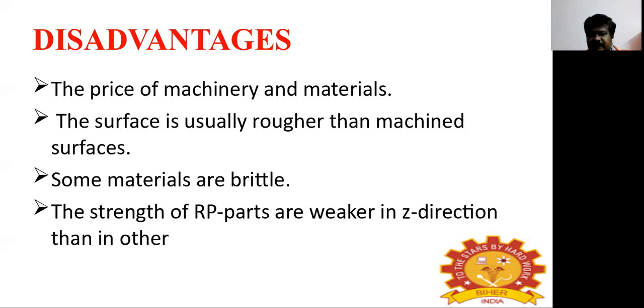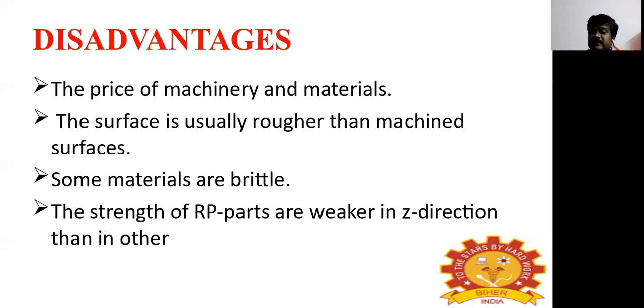In the conventional or other traditional types, we get a very smooth surface finish, whereas here the surface will be rougher compared to machined surfaces. And some materials are also brittle in nature. That is one of the disadvantages.